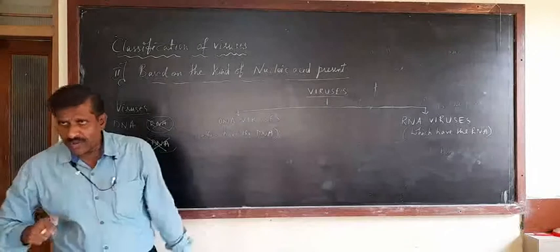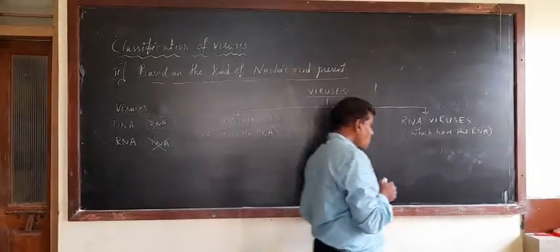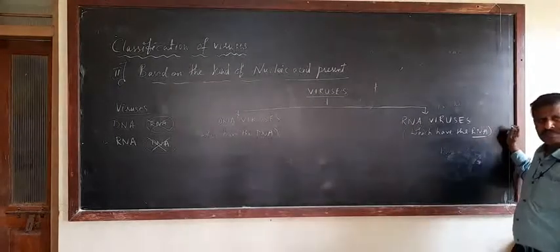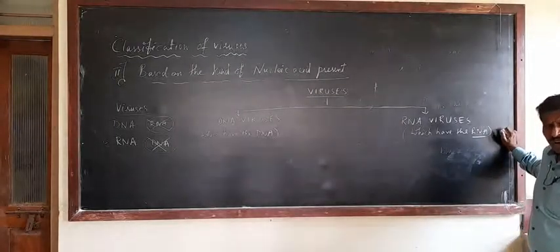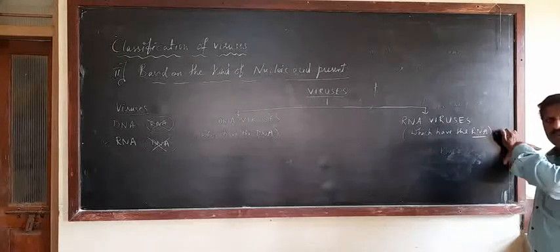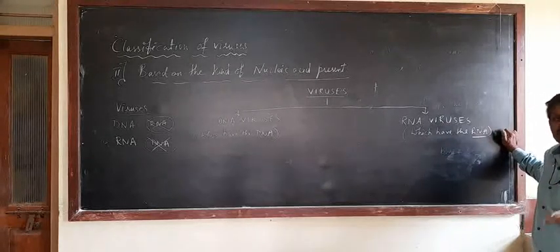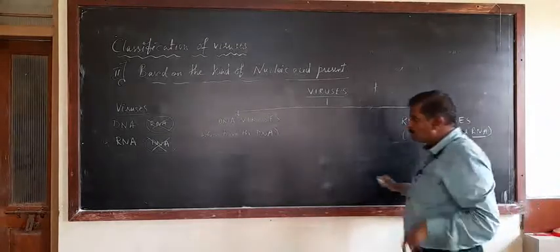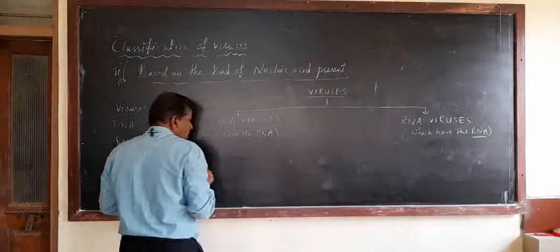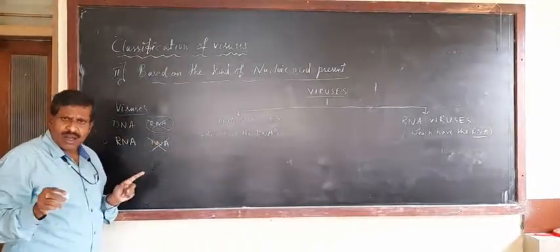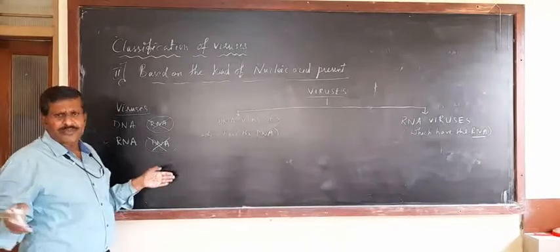In RNA viruses, only RNA is present and this RNA itself acts as the genetic material, no need of DNA here. RNA takes the function of DNA and behaves as genetic material.